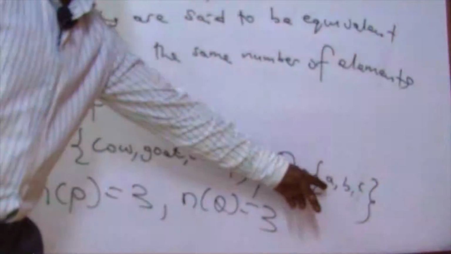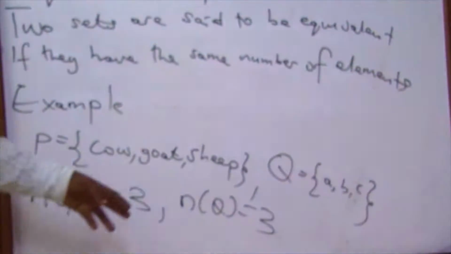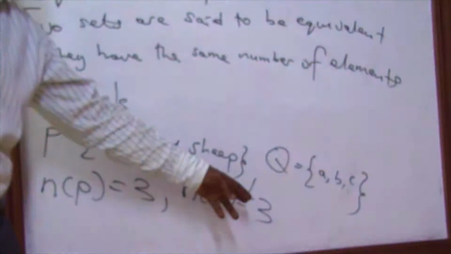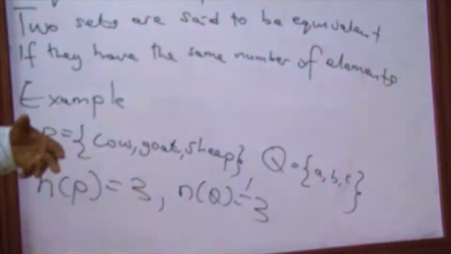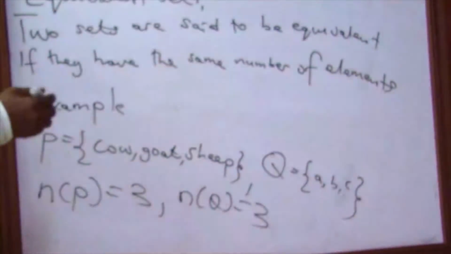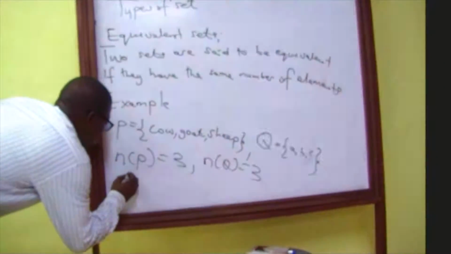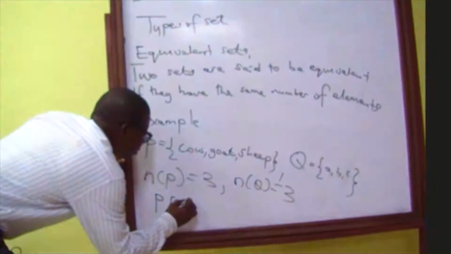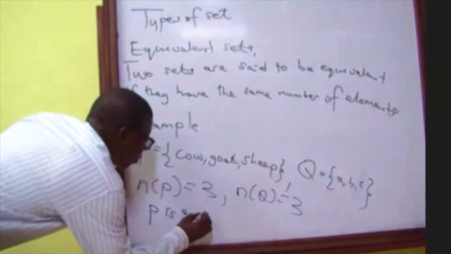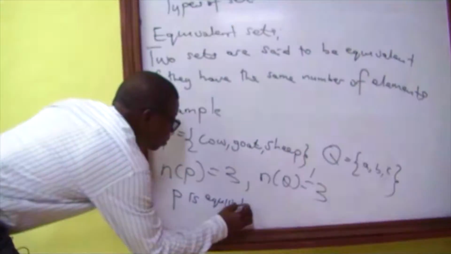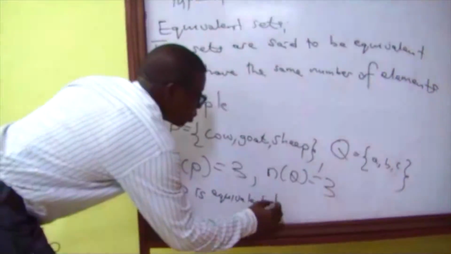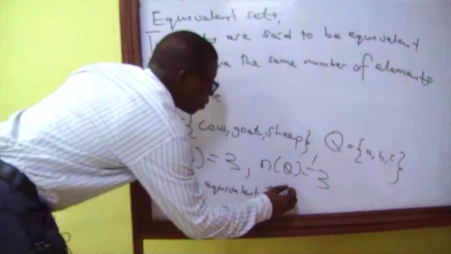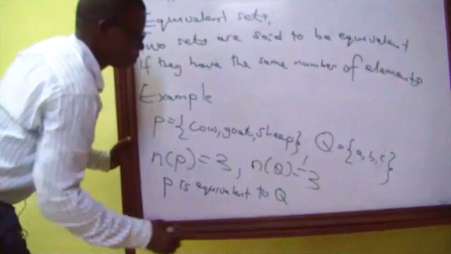That is 1, 2, 3. It means n of Q is equal to 3. Therefore, we conclude that P is equivalent to Q.